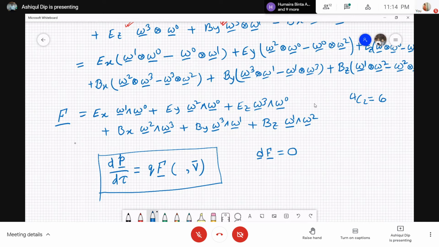And those with a source term will be like this: if you take F, then take a Hodge dual, then apply d, that becomes, depending on which unit you choose, typically CGS Gaussian units, 4 pi star J. J is a 1 form here, so star J gives you a 3 form. So these are the 2 equations we'll see later.